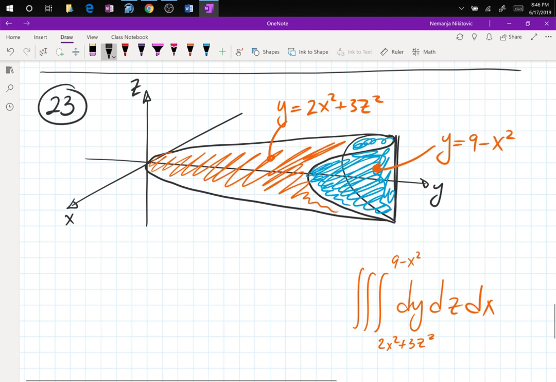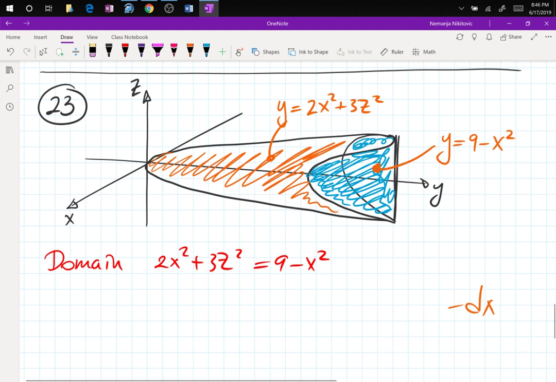So when I set these two equations equal to each other, let me do this. Domain: 2x squared plus 3z squared is equal to 9 minus x squared. So that's where we start. Move x squared to the other side, you get 3x squared plus 3z squared equals 9.